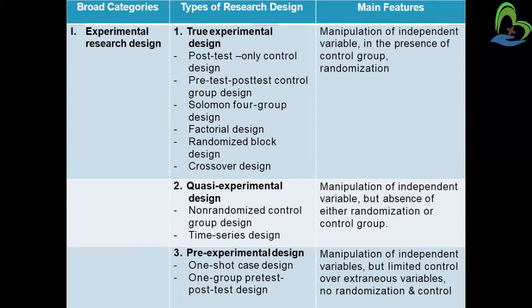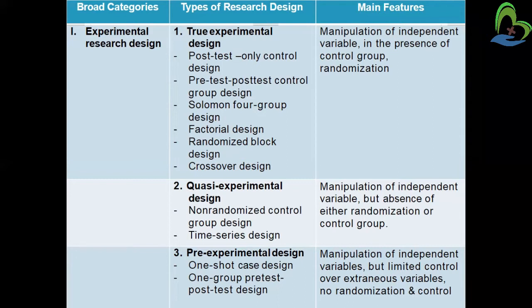manipulation of independent variables. But a true experimental design also consists of the principles of randomization and control, which we will understand later on. Experimental research design is a very powerful design for testing the hypothesis of a causal relationship among the variables.